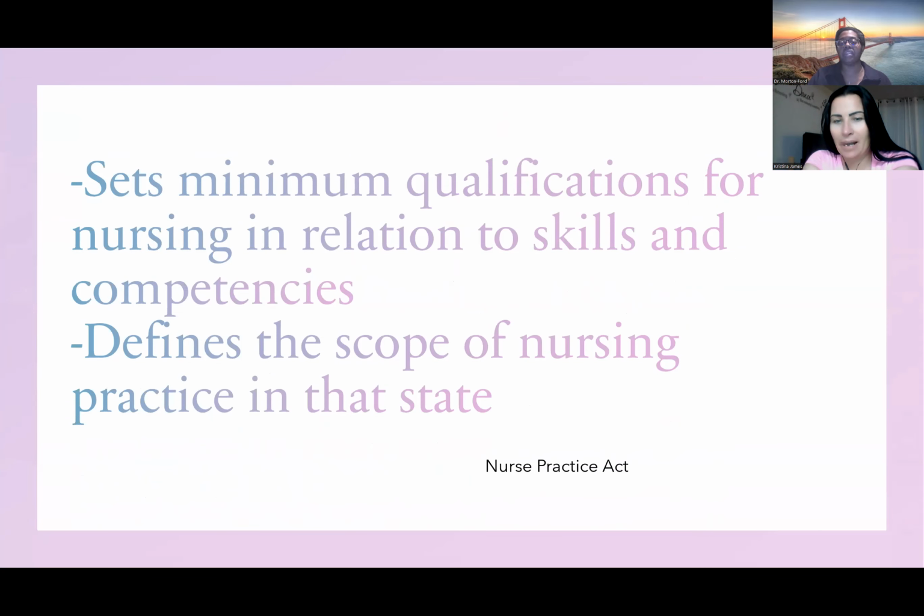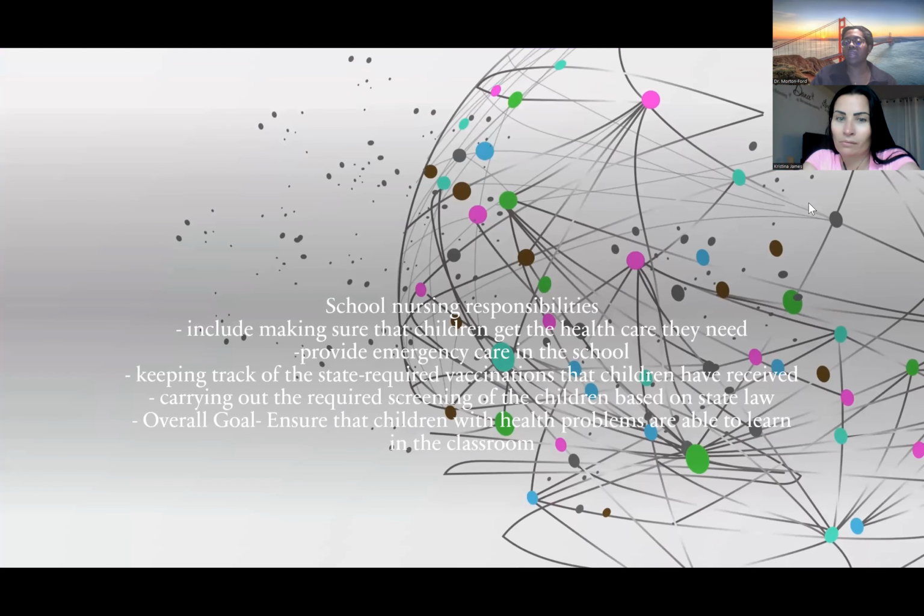It specifically sets minimum qualifications for nursing in relation to skills and competencies. It defines the scope of nursing practice in whatever state you're in. It tells us our do's and don'ts as far as us going to take our state boards. But the overarching goal is to protect.